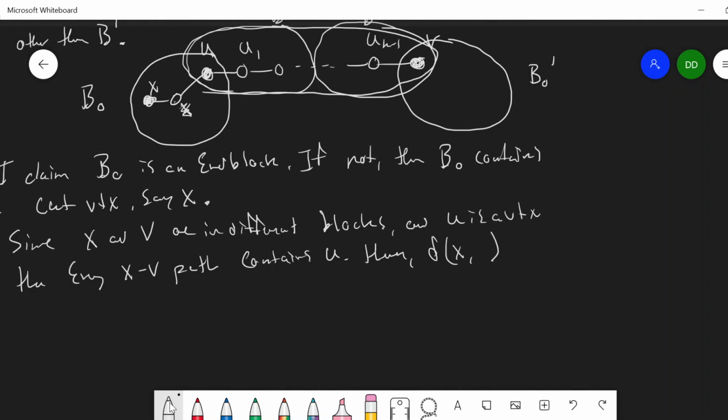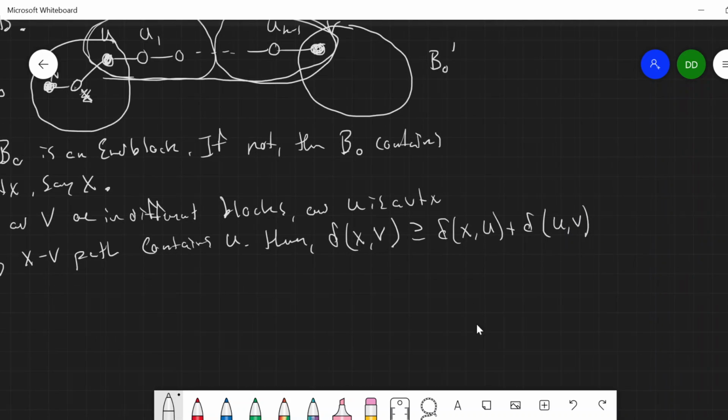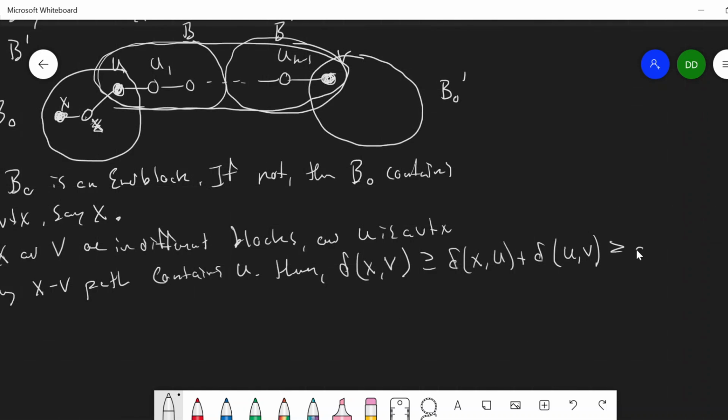From X to V, I can use my triangle inequality here to say the distance from X to V is at least as big as the distance from X to U plus the distance from U to V. But this distance from X to U is at least 1, and so this is strictly greater than the distance from U to V. And that's a contradiction.